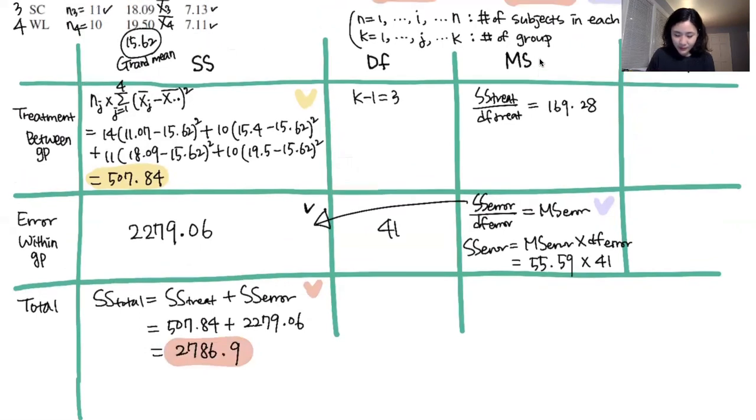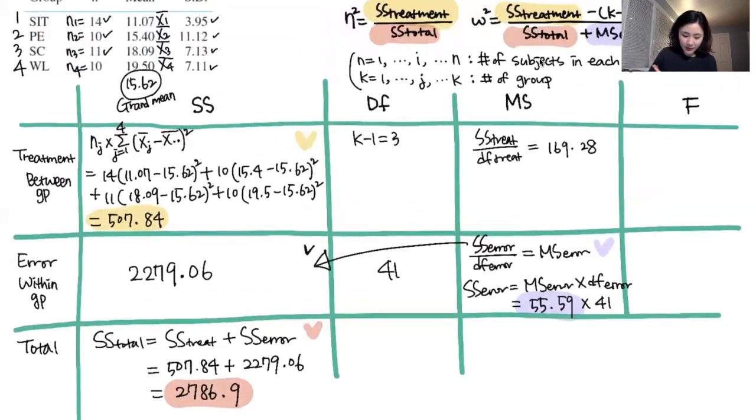So I know the sum of squares total, and I also know the mean square error, 55.59. Let's plug in the numbers. Eta squared is the sum of squares treatment, 507.84, divided by SS total, 2786.9, which is 0.18.